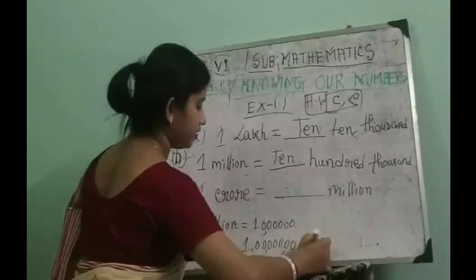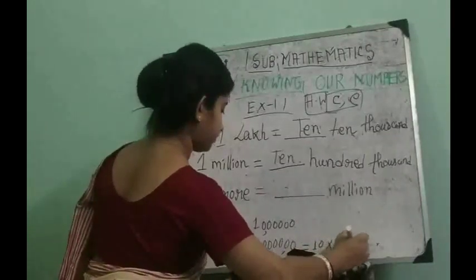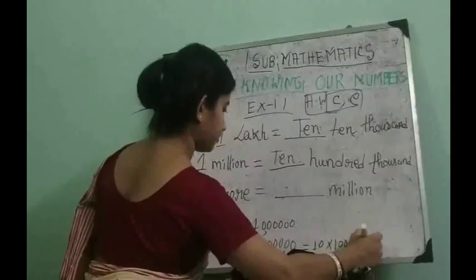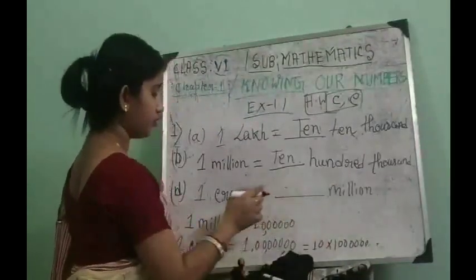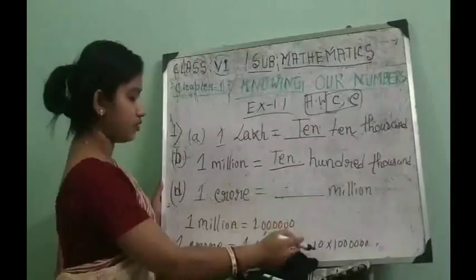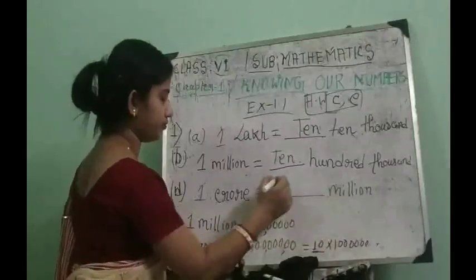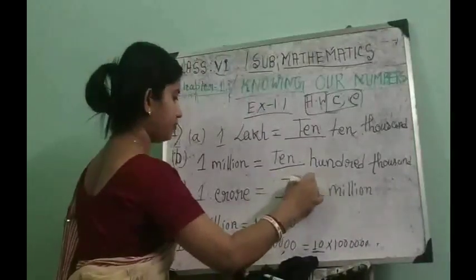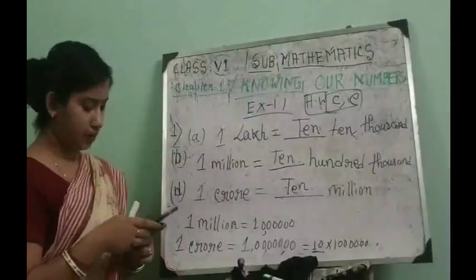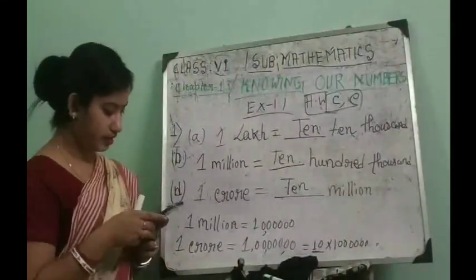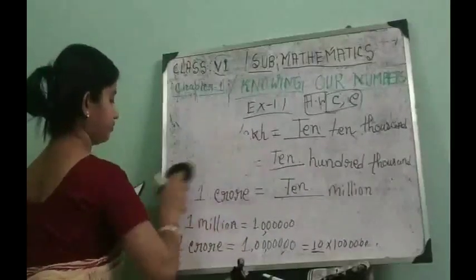So we can write this 10 into 1 million. So we write 1 crore equals to 10 into 1 million. This is 1 million. So number 1 is completed and we should try number 2.